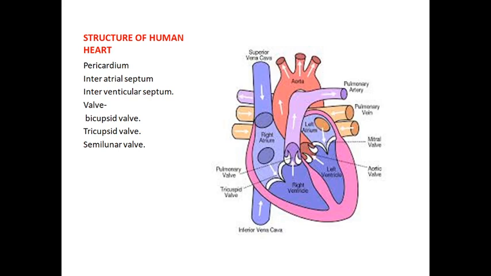The right ventricle is connected with the pulmonary artery, and the left ventricle is connected with the aorta.